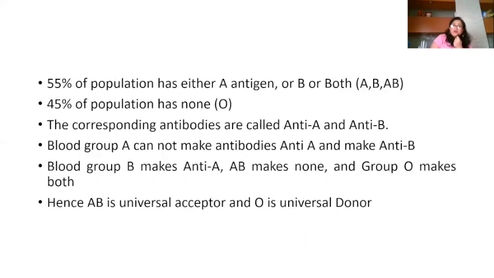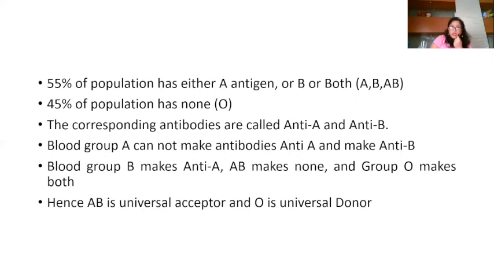So just to give a statistical reality check, 55% of the population has either antigen A or antigen B or both, whereas the remaining 45% of the population has none. So 45% of people will be O blood group, whereas the remaining 55% can be either A, B or AB.